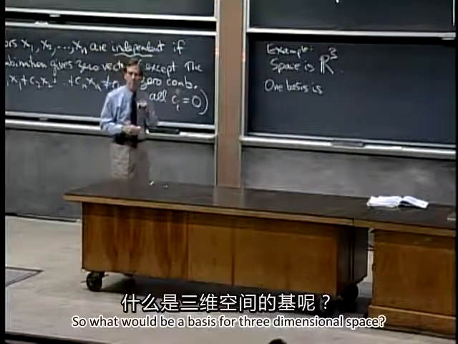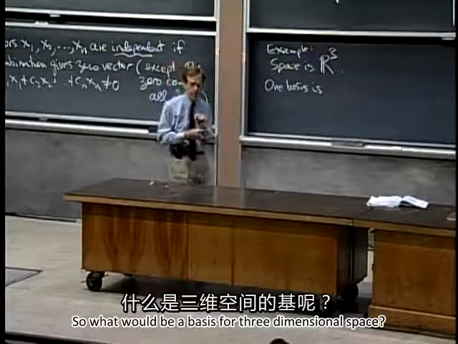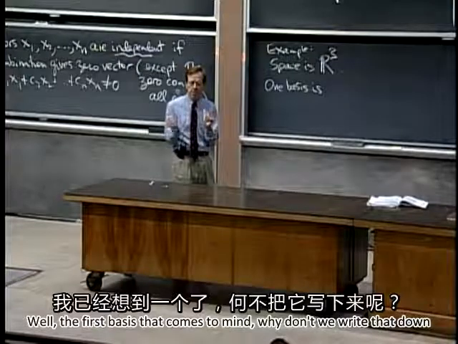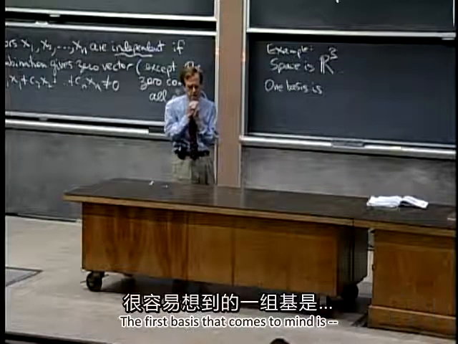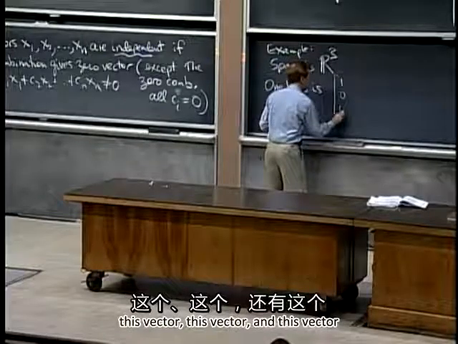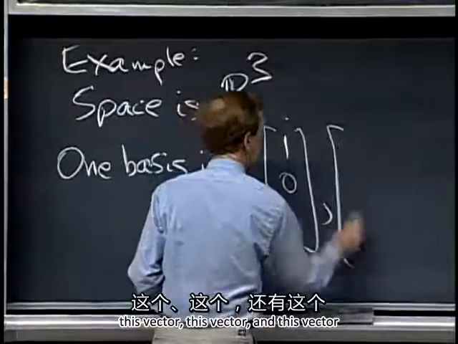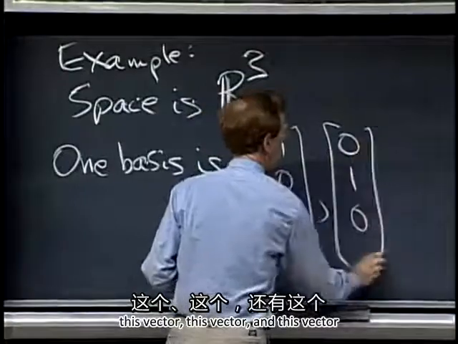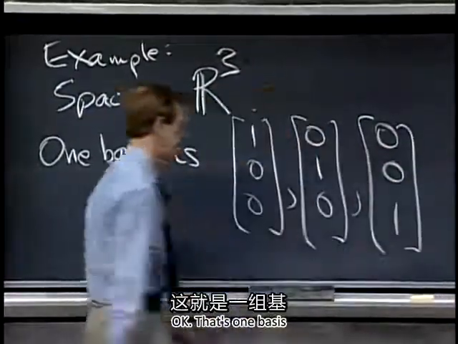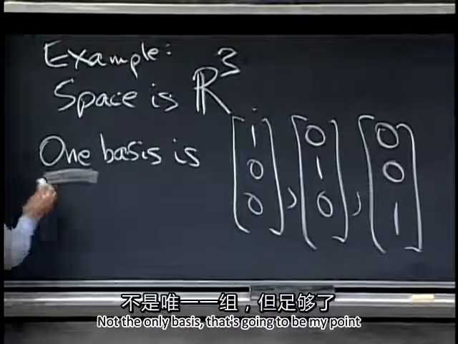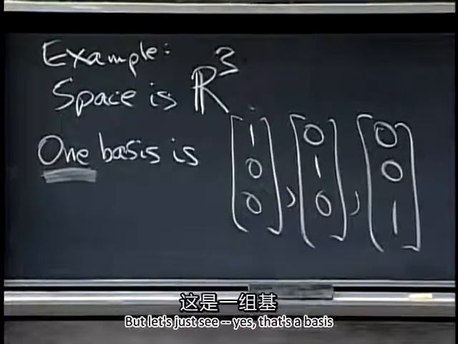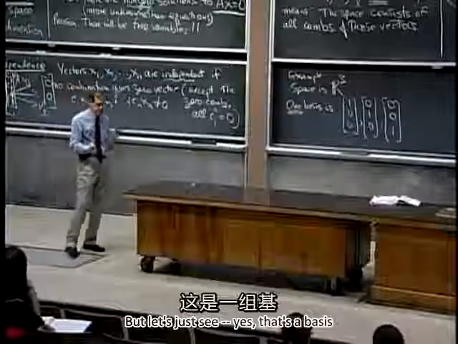So what would be a basis for three-dimensional space? The first basis that comes to mind is this vector, and this vector, and this vector. Okay. That's one basis. Not the only basis, that's going to be my point. But yes, that's a basis.